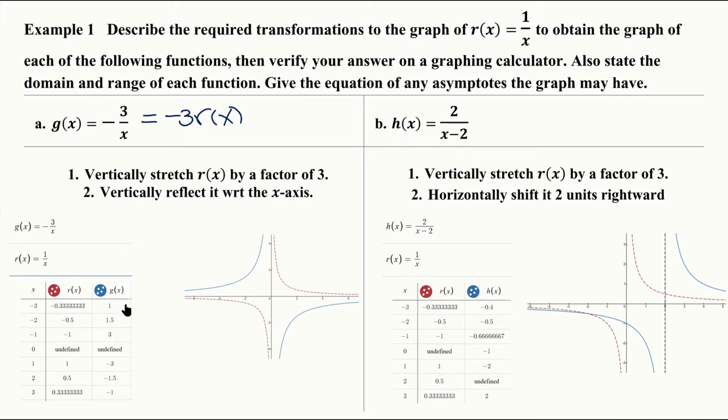And basically notice that each y value for g of x is -3 times the corresponding y value for r of x, okay? And as far as the domain is concerned, notice that the domain and range for both of them are the same. The domain is negative infinity to 0 union 0 to infinity, and so is the range.